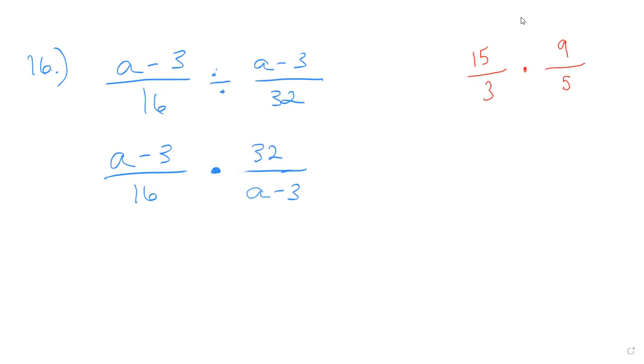So what I mean by diagonally is I can say, oh, look, there's a 15. There's a 5. Oh, yeah, 15 and 5 are both divisible by 5. So let's divide them both by 5. Okay. So 15 divided by 5 is 3. 5 divided by 5 is 1. Cool.